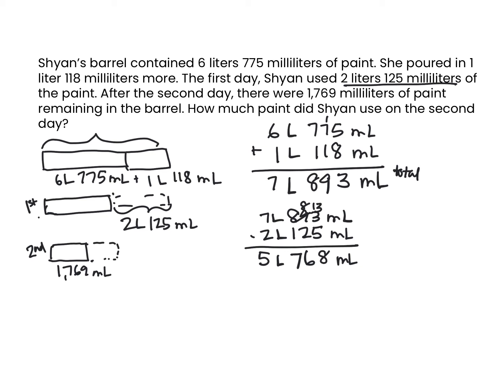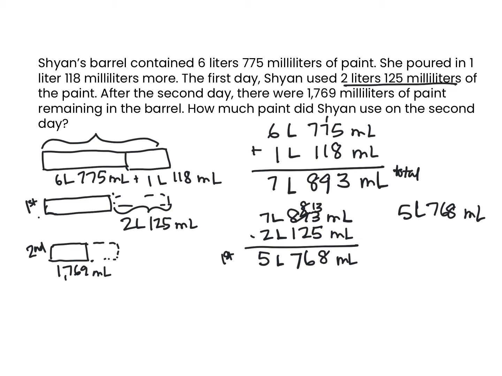So after the second day, there were 1,769 milliliters of paint remaining. So we're going to take what we had at the end of the first day, and we're going to subtract what is left, and that will give us how much paint she actually used. So let's put our 5 liters, 768 milliliters.